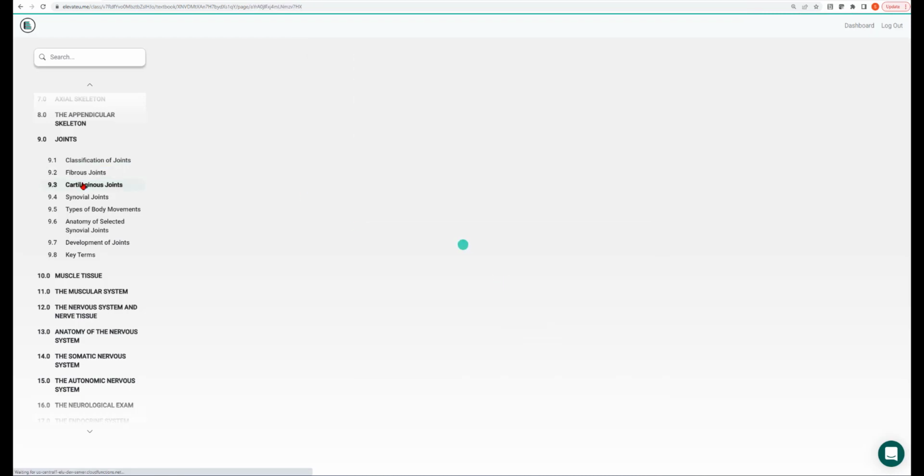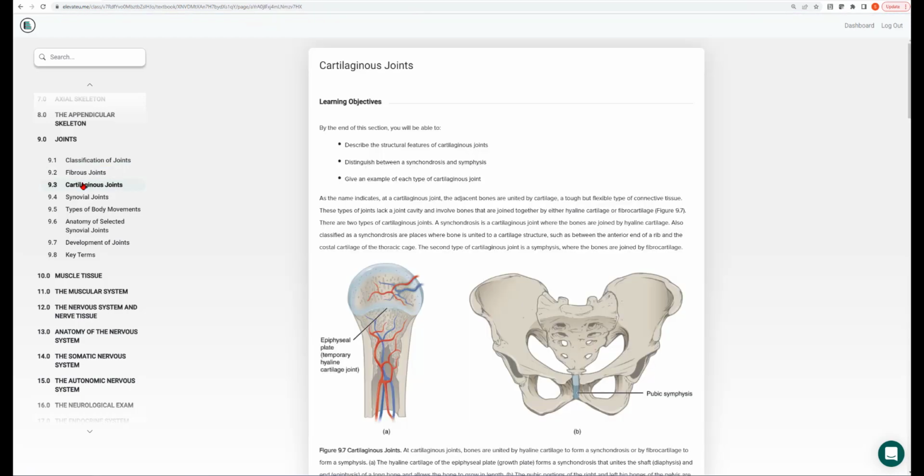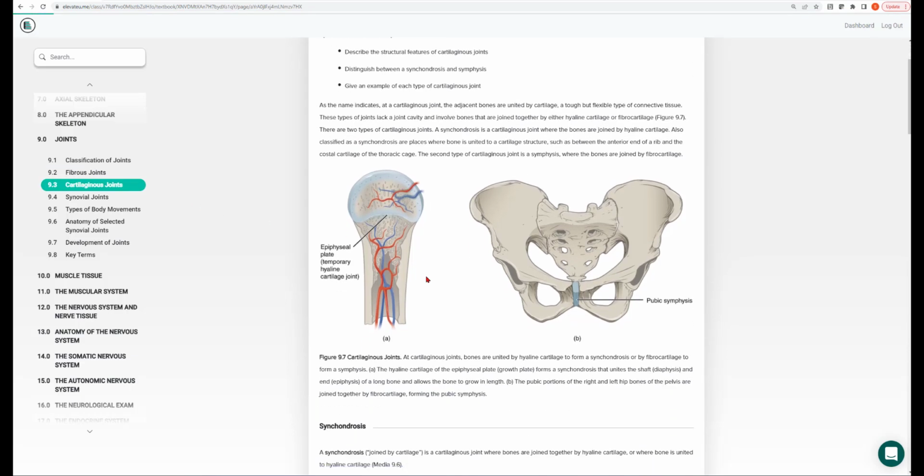Moving on to cartilaginous joints. Again, just a couple of examples here. One of the most famous examples, if you will, is the pubic symphysis. Right? The pubic symphysis is a big chunk of cartilage that is forming and connects the two pubis bones. This is a chunk of fibrocartilage, right? Tough type of cartilage.